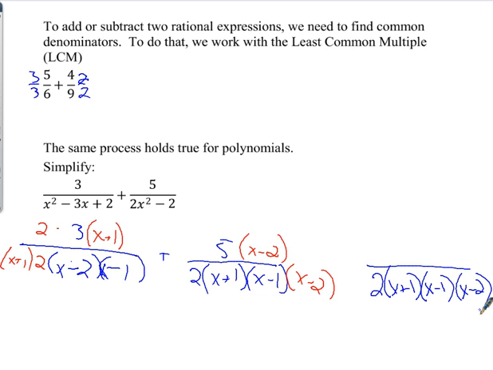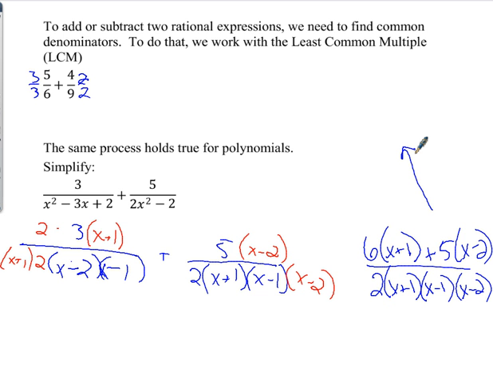This is your first case of, yes, I actually do have to FOIL out or distribute. So this would be 2 times 3, which is 6, times x plus 1, plus 5 times x minus 2. And now distribute in the numerator and then combine like terms. I don't have any room, so I'm going to go up here.